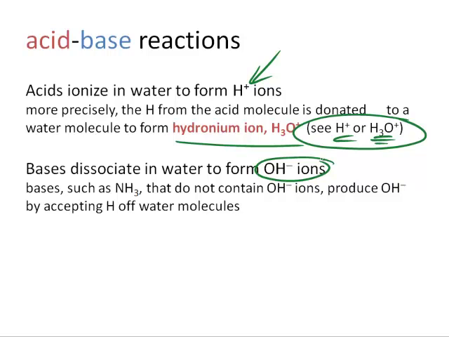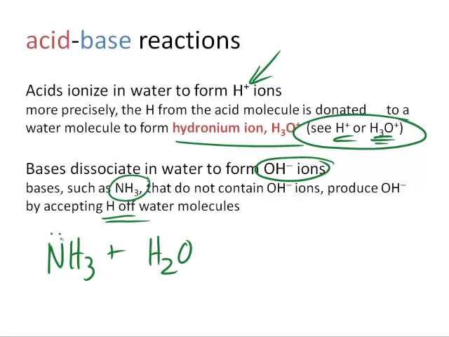is our base. So any soluble hydroxide ionic compounds, and then of course any molecule that can accept a proton off of water, such as ammonia, is known as a base. So NH3 plus water.